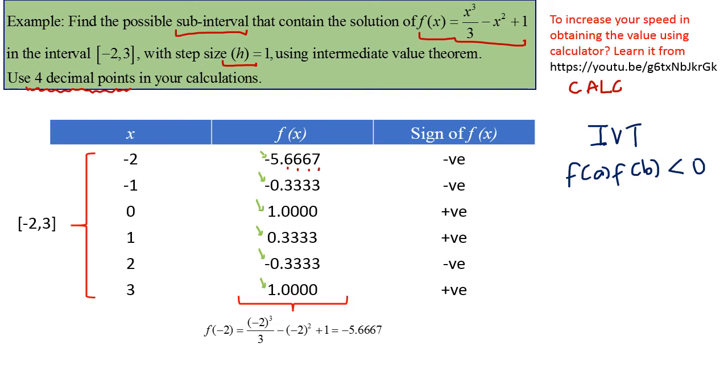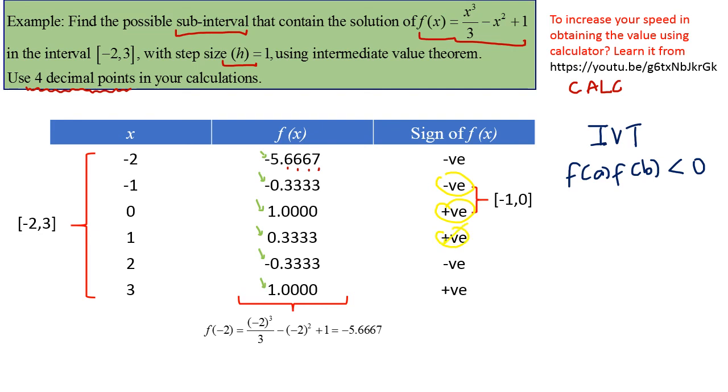So you can see where the different signs are. This is negative and this is positive, which means different signs. So there exists a solution between the interval −1 and 0.